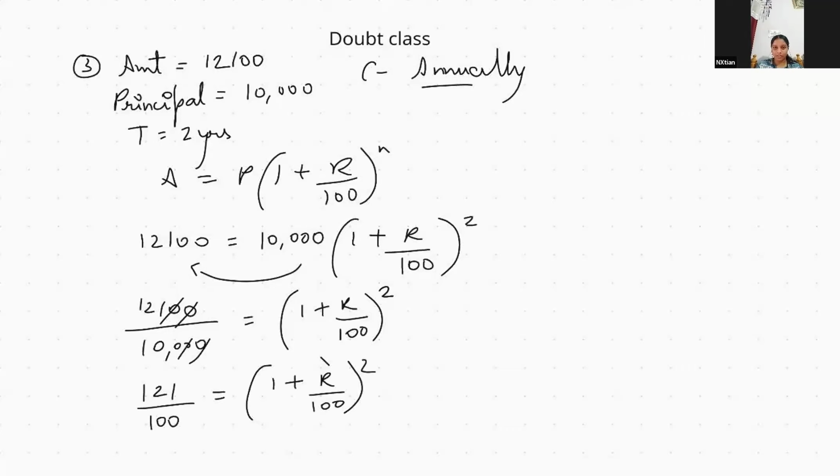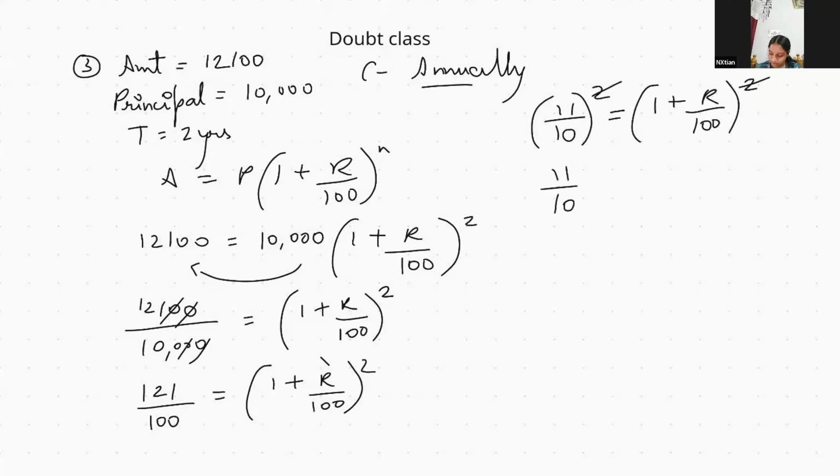We know 11. 11 times 11, and 10 times 10 is 100. We can replace it like this: (11/10) raised to the power 2 equals (1 plus R/100) raised to the power 2. Now you can cancel the 2. You will have 11/10 equals 1 plus R/100.